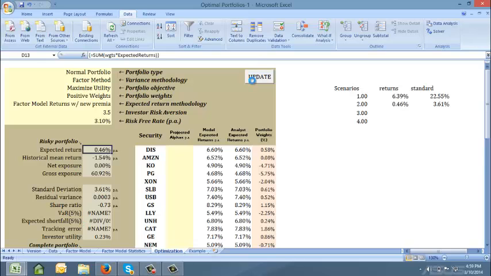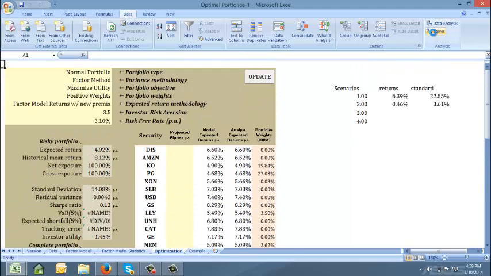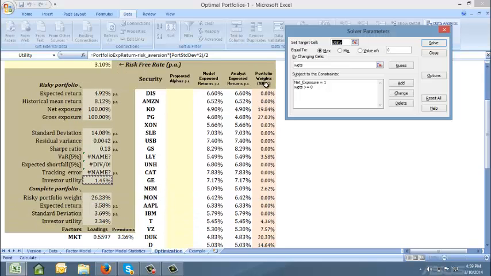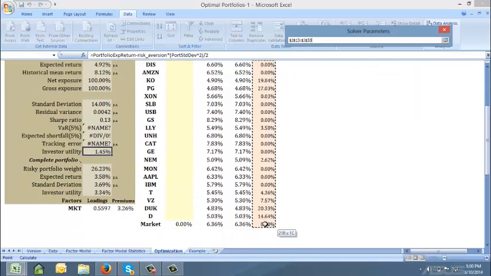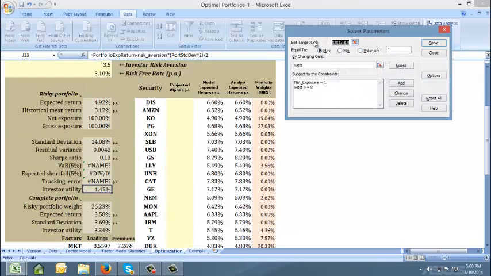Alright, we'll update this. So we have a net exposure of 100%. We just need to set some parameters. We're maximizing utility right here.